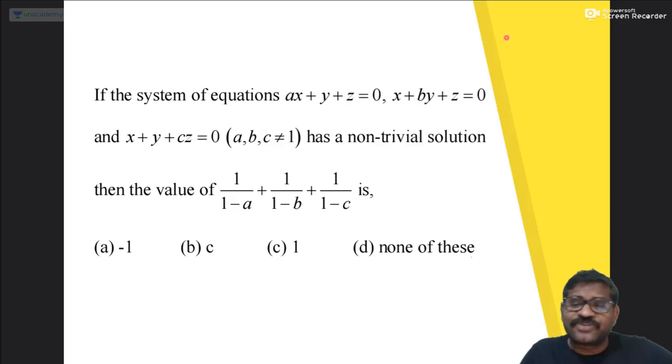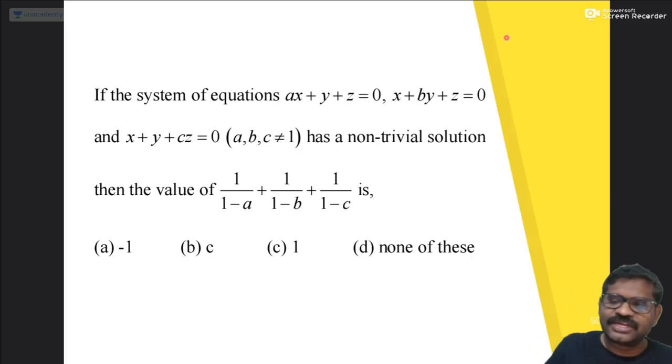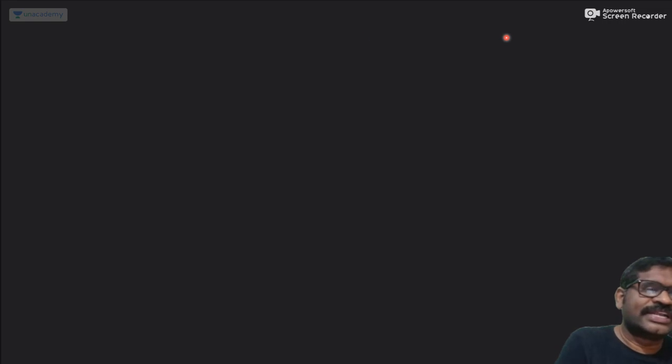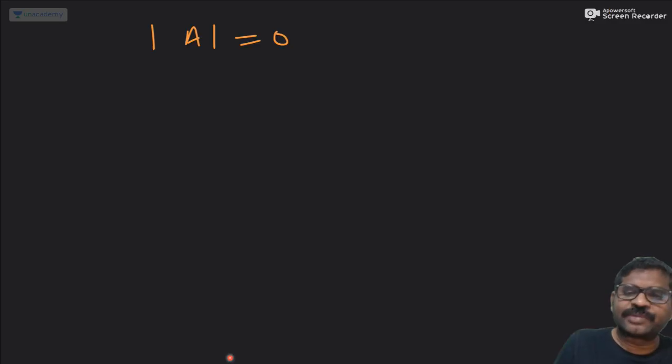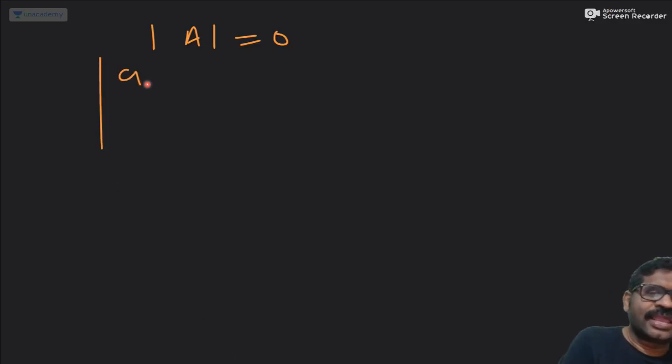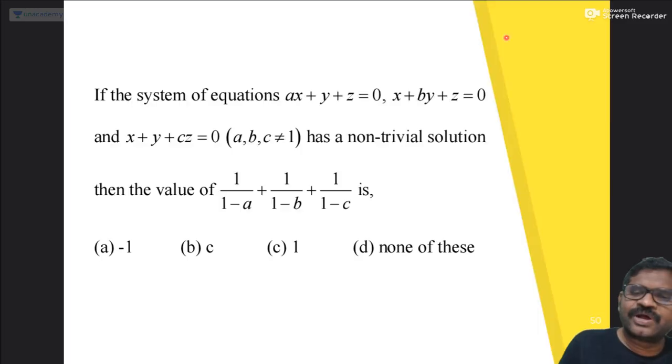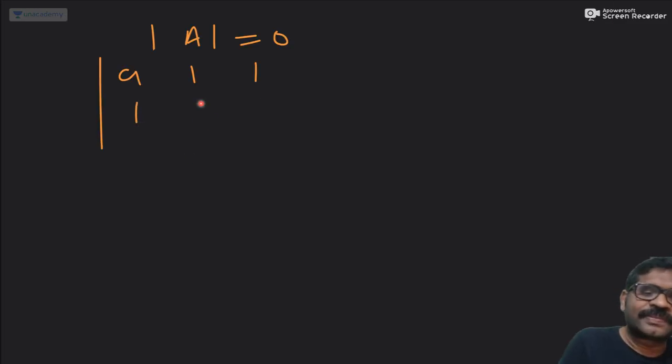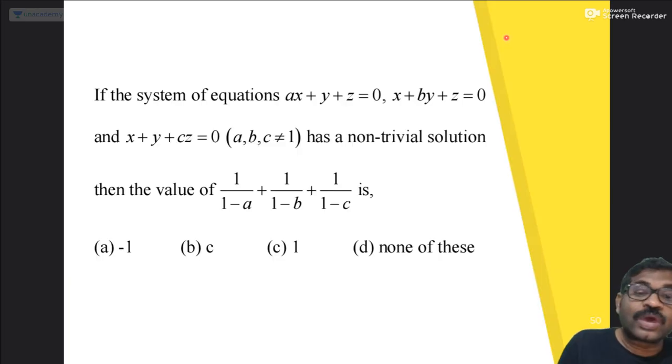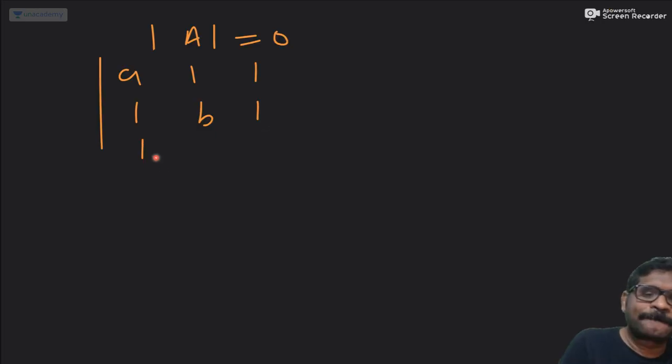The system of equations has a non-trivial solution. Therefore, determinant value of A equal to 0. Equate the determinant a 1 1, 1 b 1, 1 1 c equal to 0.